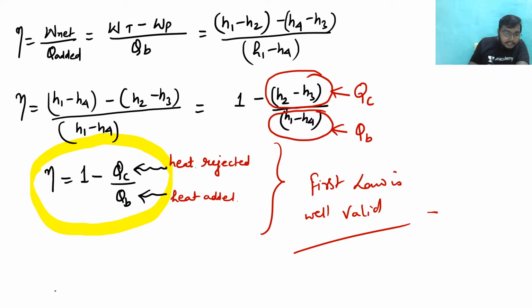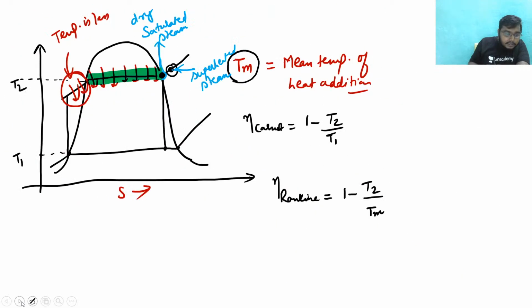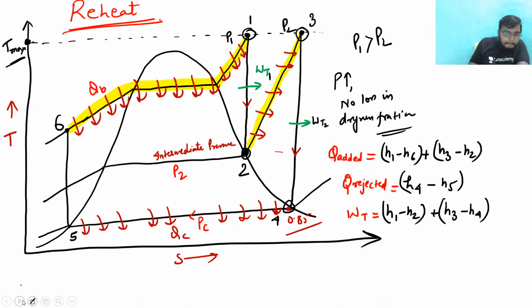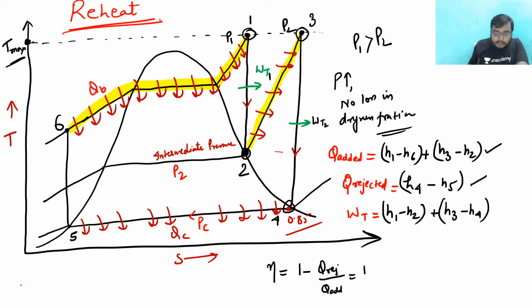In this case, heat rejected is this, heat added is this. So I can write efficiency would be 1 minus of Q rejected by Q added, which is nothing but 1 minus of H4 minus of H5 by H1 minus of H6.